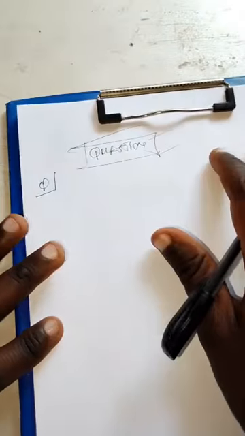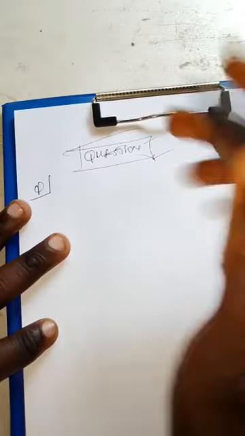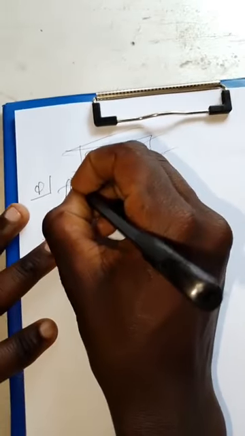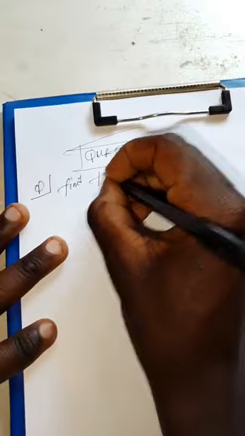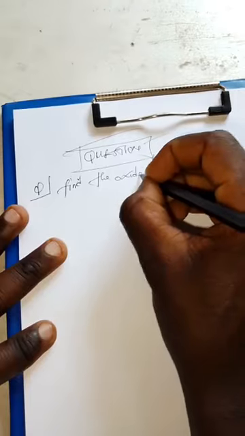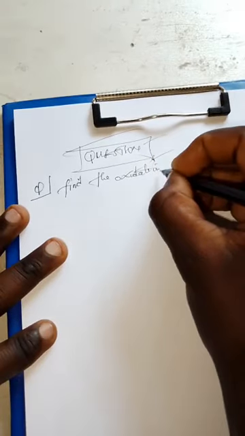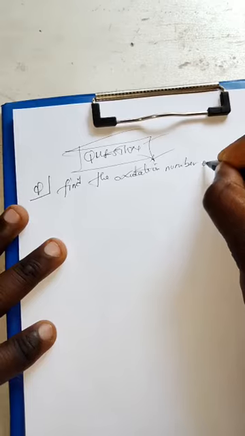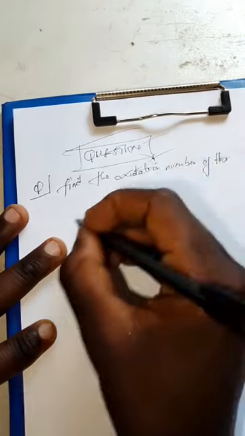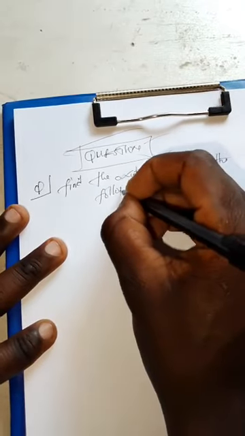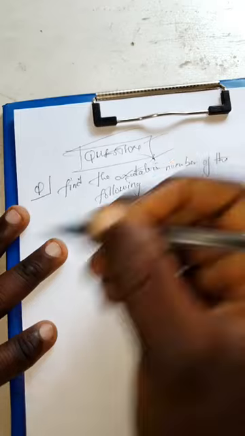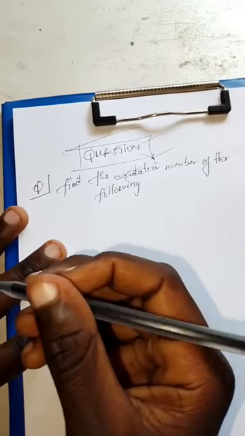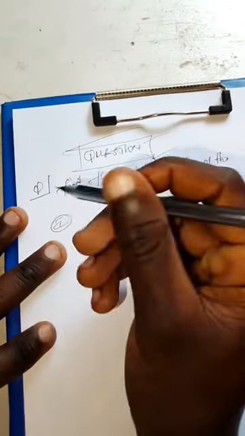Find the oxidation number of the following. Okay, 1. Let's have this one.